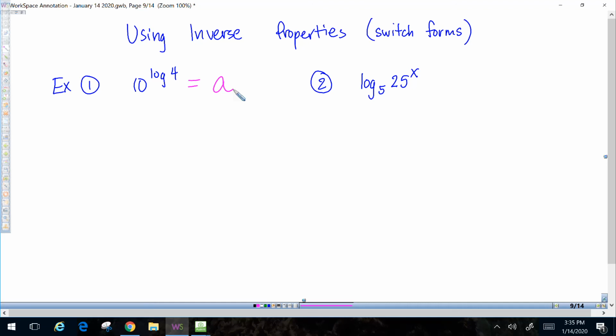So if we switch forms here, this becomes log base 10 of a equals the exponent. The base goes here, the answer part goes here, and the exponent goes here. It's a weird exponent, but it goes right here.